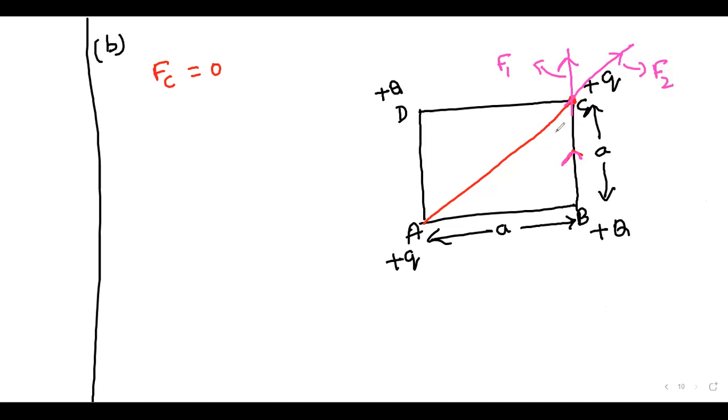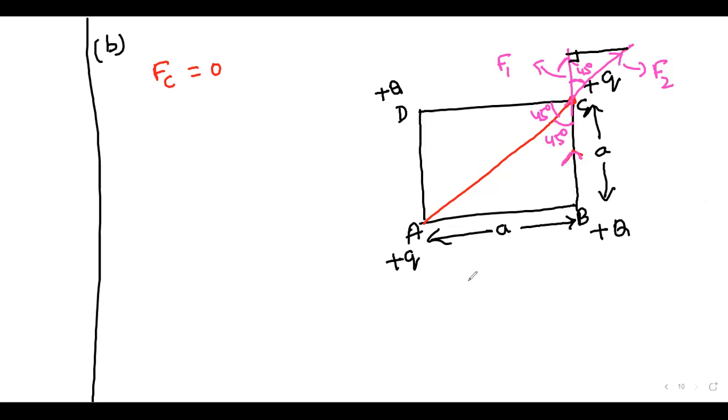Now here the angle will be 45, since AC is a perpendicular bisector, or you can call it diagonal, 45. Here 45 means this is also 45. If I draw a perpendicular here, you can see F2 will be hypotenuse.